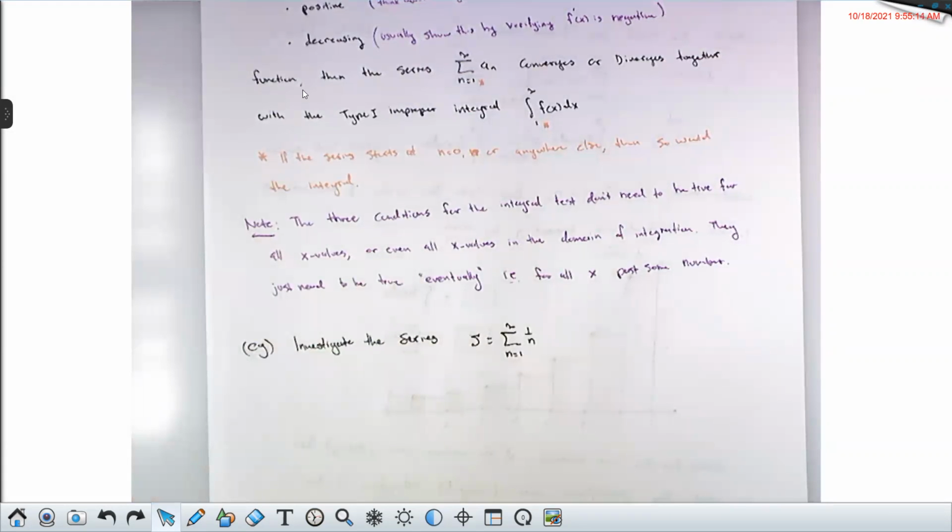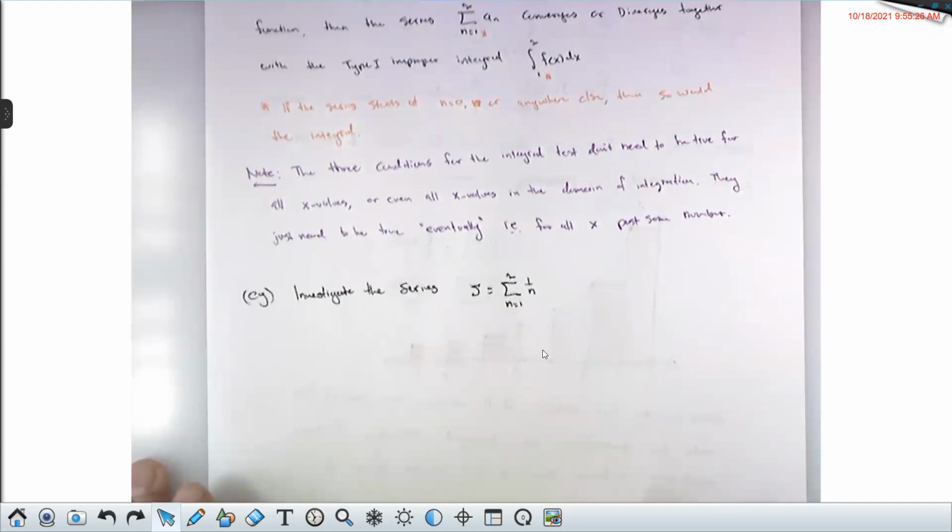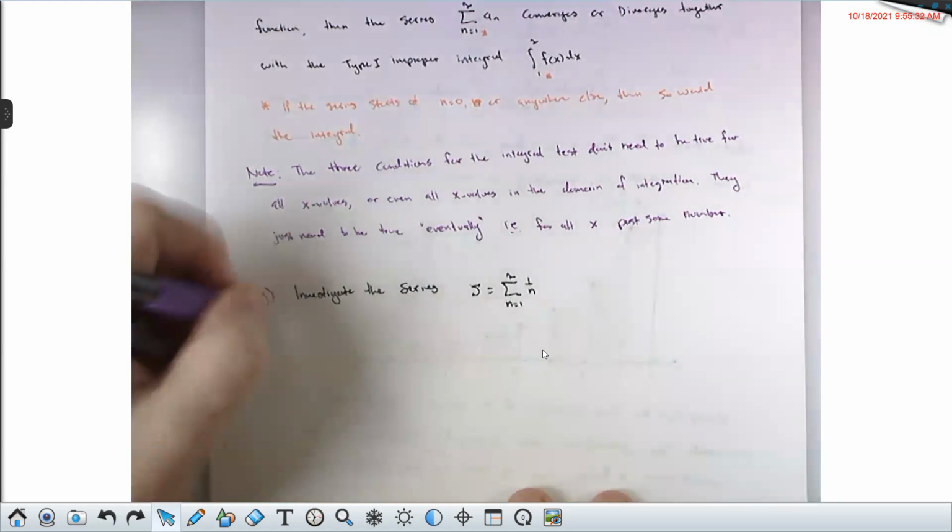This passes the test for divergence. The limit of the a_n's here is 0, so the test for divergence is inconclusive. Let me just show you that, because this is the first thing that we should do when we're given a series, is run the easy tests first. So quick check, the test for divergence.